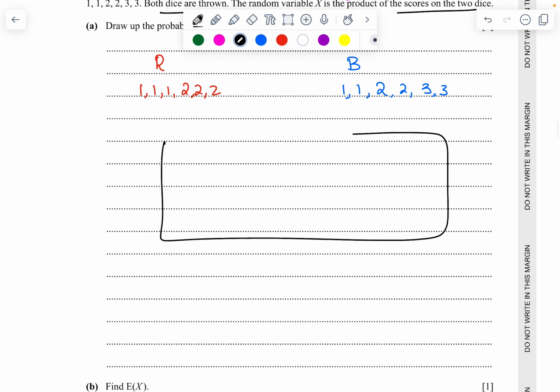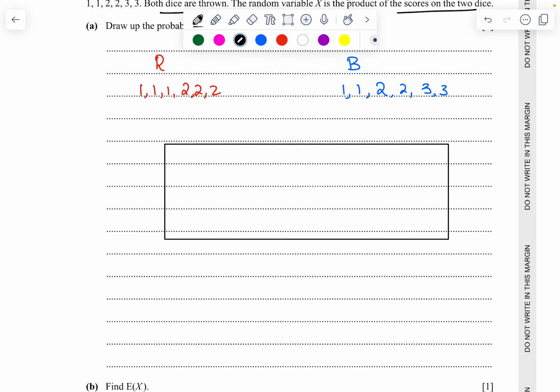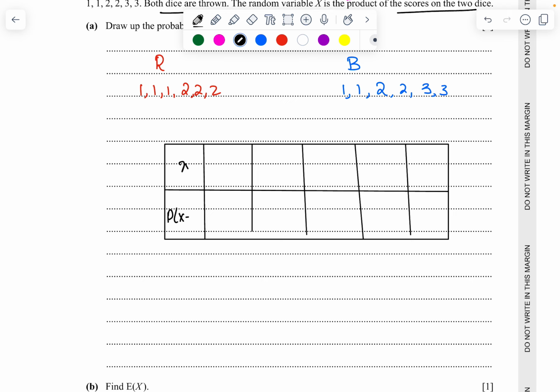So when I draw the probability distribution table, the score is the product of the two numbers. So what will be the product of the two numbers? Let's write it out. This is small x, and the probability of capital X equals small x. The least product will be 1 times 1, which is 1. The highest product will be 2 times 3, which is 6.